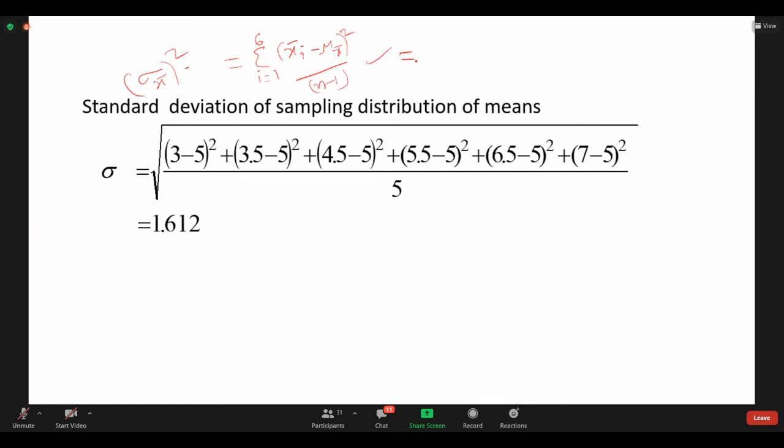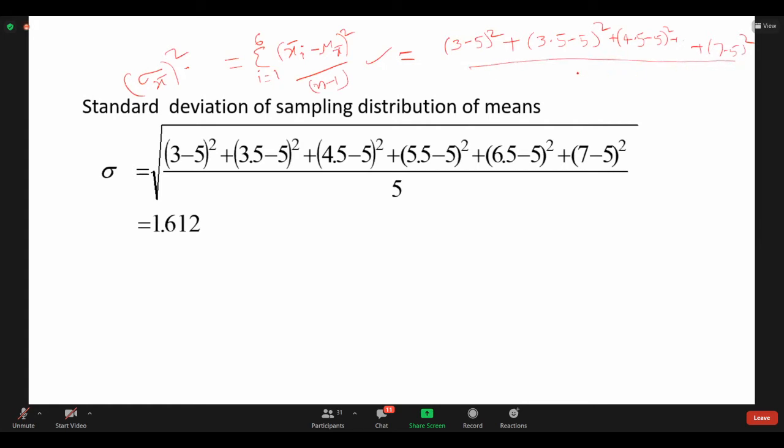See here, summation, the first value is 3 minus 5, the mean is 5, whole square, plus 3.5 minus 5 whole square, plus 4.5 minus 5 whole square, plus so on, plus 7 minus 5 whole square, by n minus 1.